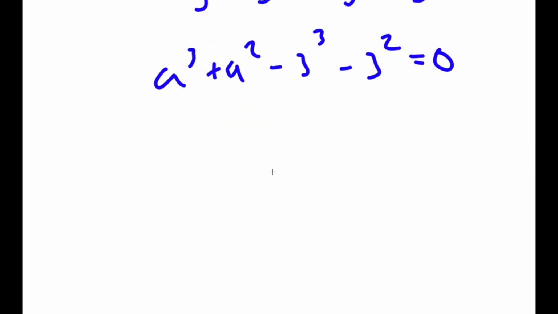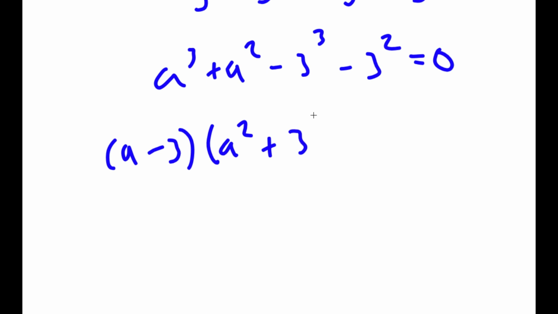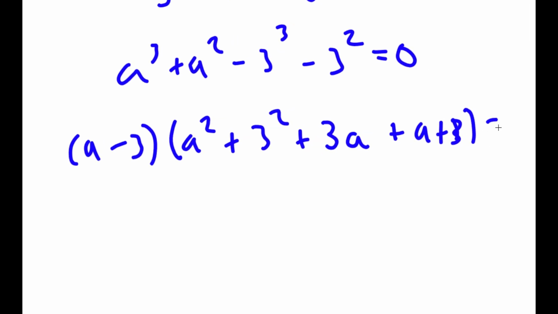is equal to 0. Now I can rewrite this to be in the form a minus 3 times a squared plus 3a plus 3 squared, plus a plus 3, is equal to 0.